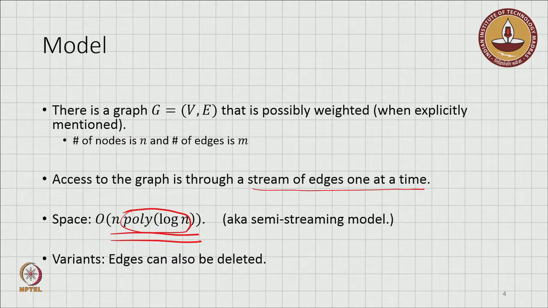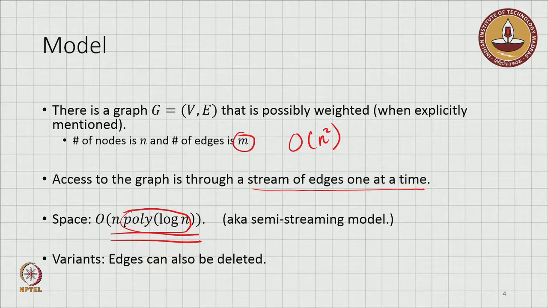So of course n is the number of vertices, and keep in mind that the size of the graph could be dominated by m, which can be as high as O of n squared.